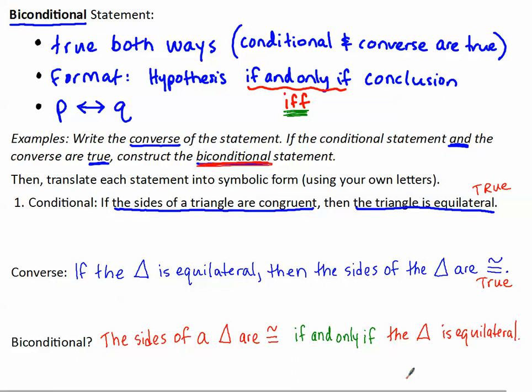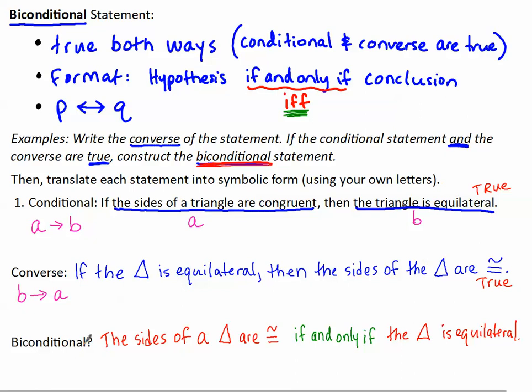Now let's pick our own letters to translate the statement into symbolic form. The sides of a triangle are congruent. Maybe we'll call that A. The triangle is equilateral. Maybe we call that B. So the conditional statement, usually in alphabetical order, is A arrow B. Remember, converse turns it around, B arrow A, and biconditional goes both ways.